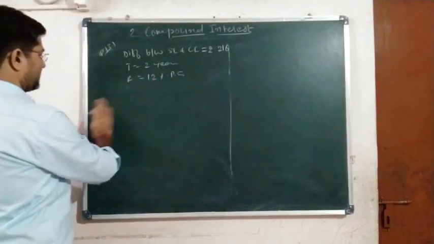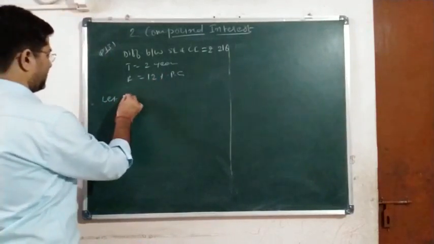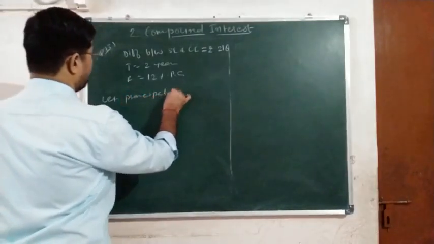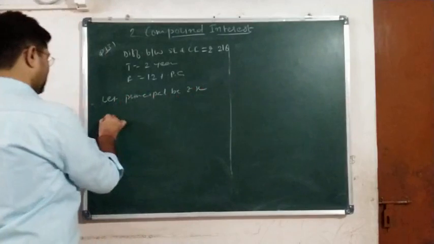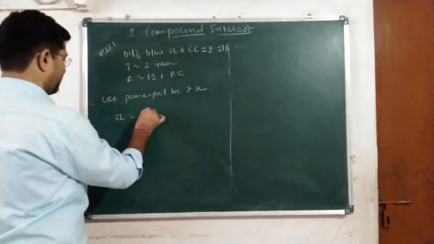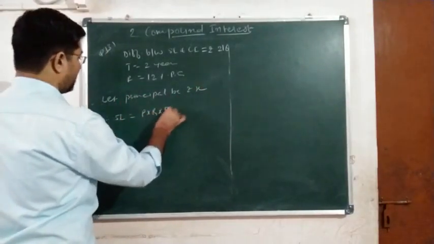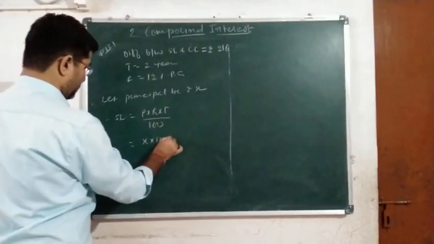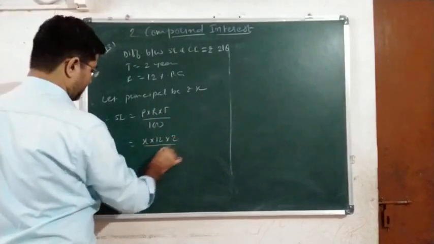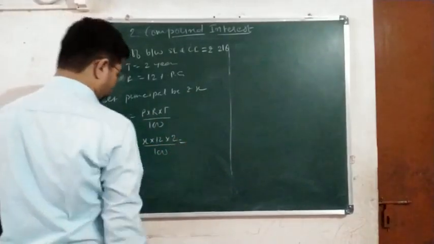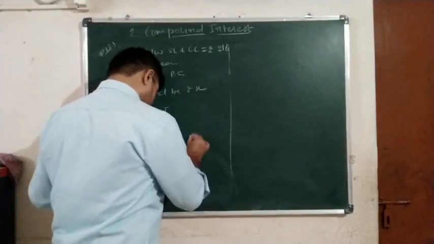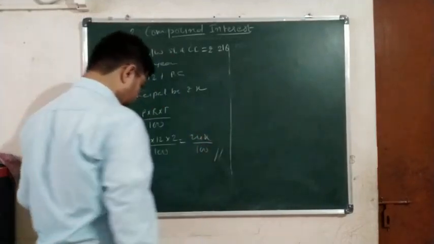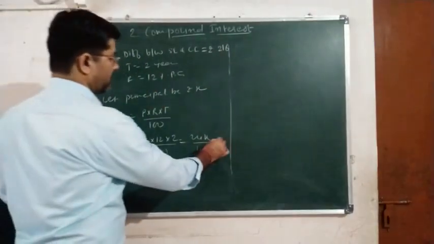Before this we'll consider the principal to be rupees X. SI is equal to PRT upon 100, X into 12 into 2, so 24x upon 100. Clear? This is the simple interest.